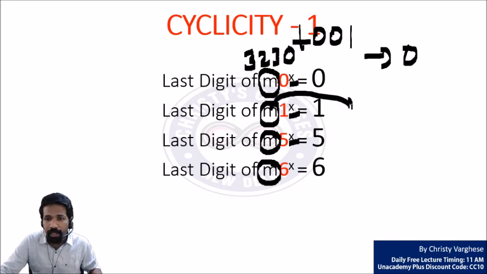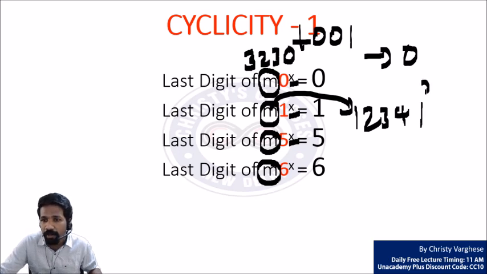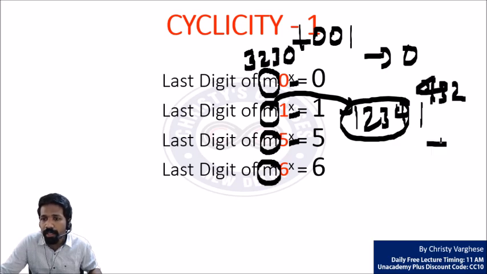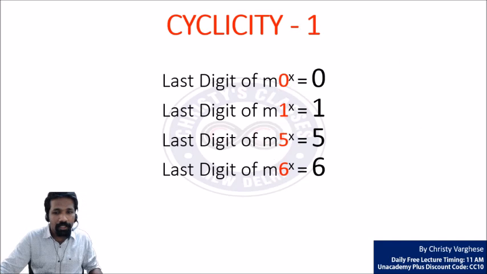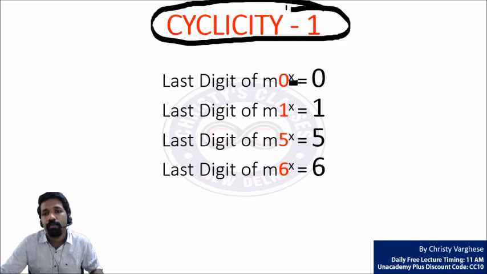Now here, if m is 1, 2, 3, 4 but the last digit is 1, this m does not matter. And the x also does not matter. Let x be 432, still the last digit will be only 1. Same way here. So m denotes whatever digits come before the last digit, and that does not matter. And x denotes whatever power, which does not matter if the cyclicity is 1.